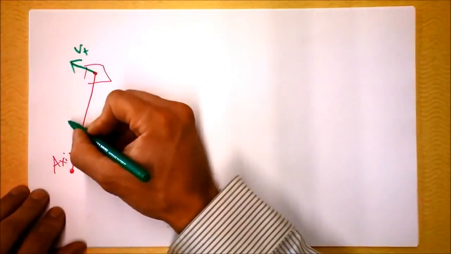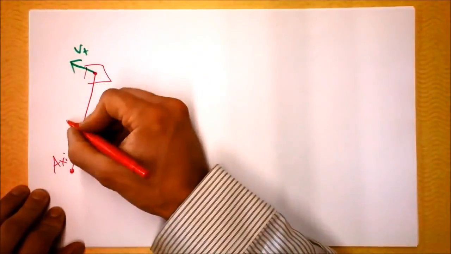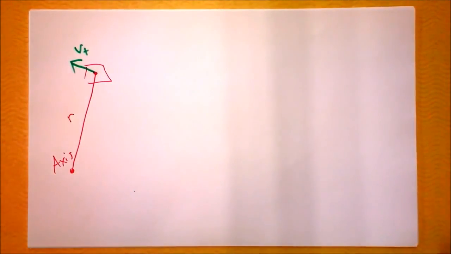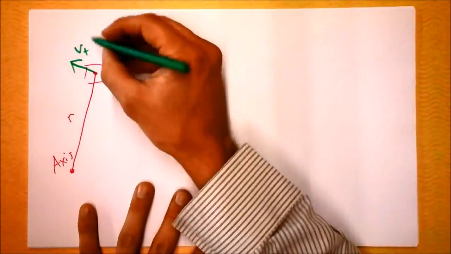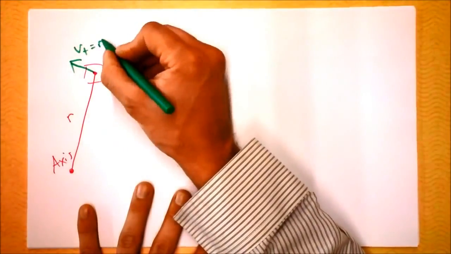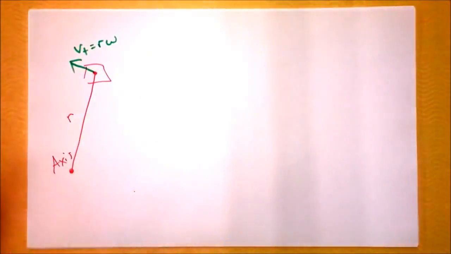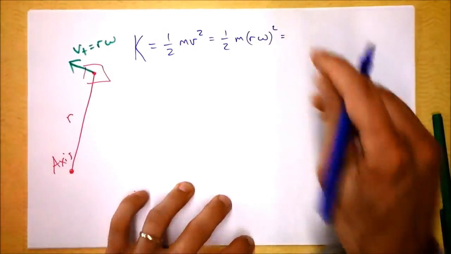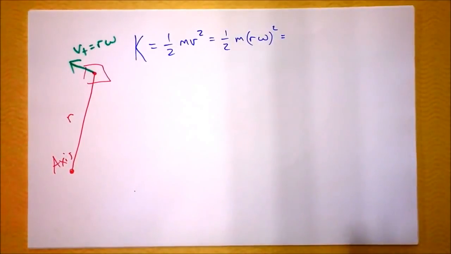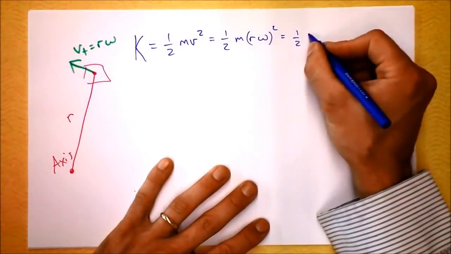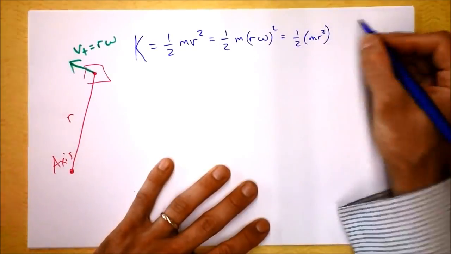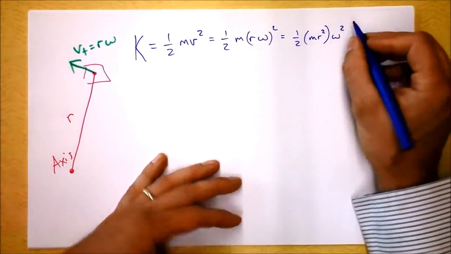And we know that we're probably going to label this distance here r, and we're probably going to say that the speed, what is the speed? I guess it's going to be r times omega. Hope all that stuff is okay. 1/2 m times r omega squared. And if we spread this out a little bit more, we can say that it's 1/2 m r squared times omega squared.